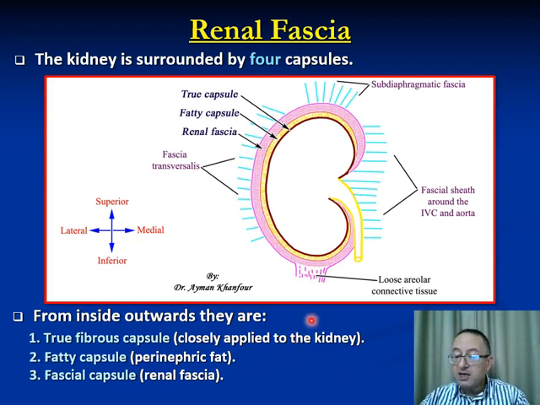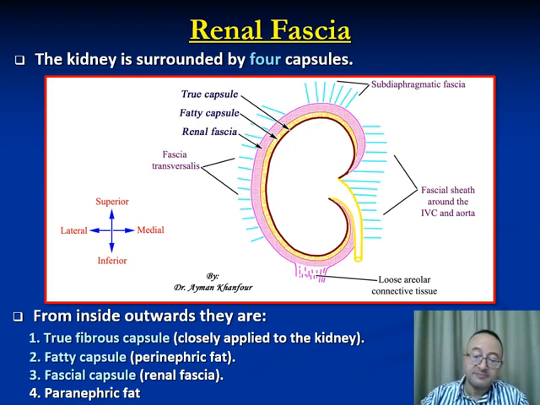Downwards. Why? Because it is covered by loose areolar connective tissue. The last capsule is actually a condensation, another layer of fat. But here it is called the paranephric fat.